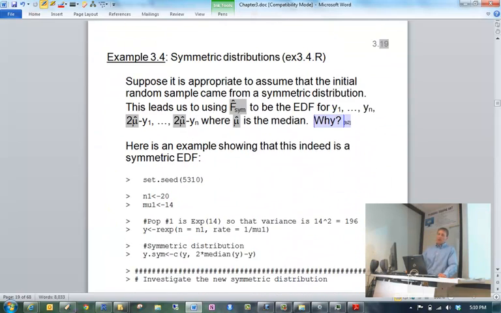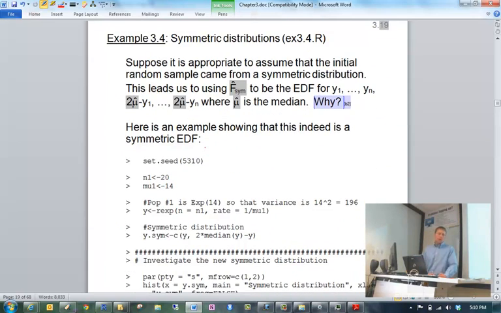The example that we're going to look at is actually example 3.4 in the book. And that says, what happens if you could assume that you have a symmetric distribution for your data, or for a particular population? Now, I'm not talking about multiple populations anymore. Suppose you have one population, and you could assume that you have a symmetric distribution.